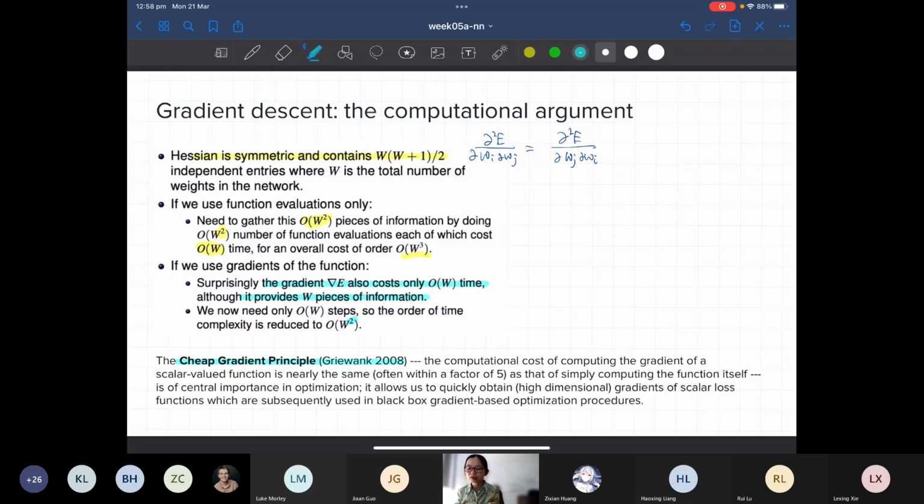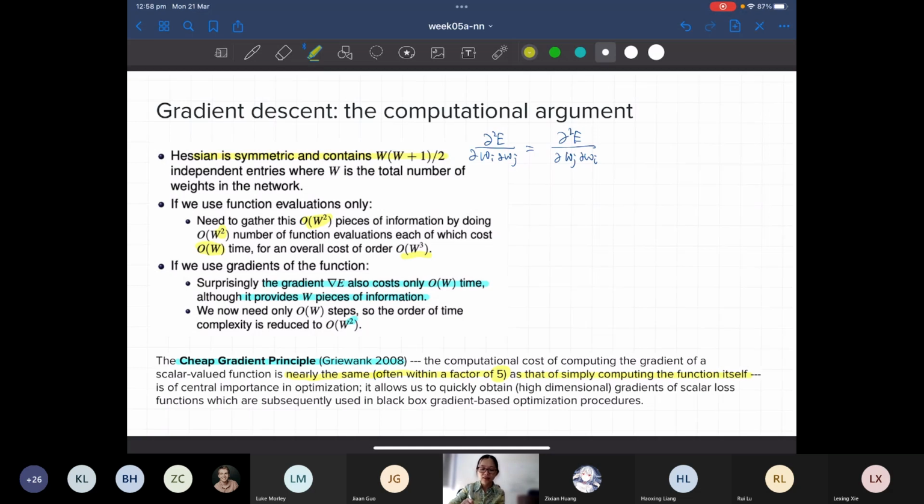The computational cost of computing the gradient of a scalar valued function is nearly the same as computing the function, which is good news. It's often within a factor of 5. I don't exactly know where the factor of 5 comes from. If you go read about it, come and tell me. So it's nearly the same as simply computing the function itself, which is great.